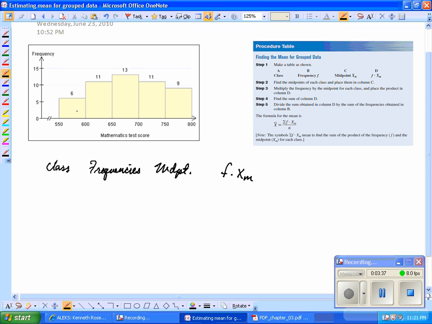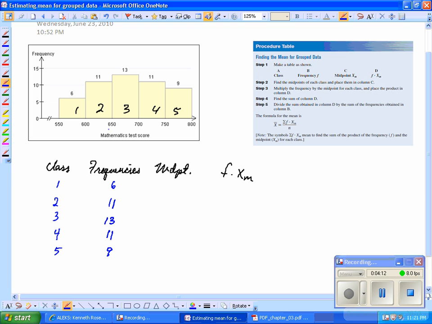Instead of calling my classes 550 to 600 like this, because that's a lot of work, I'm just going to call them class 1, 2, 3, 4, and 5. But as I do that, I'll keep in mind that class 1 is 550 to 600. So I have 5 classes. The frequency of the first class is 6, then 11, then 13, then 11, and 9.